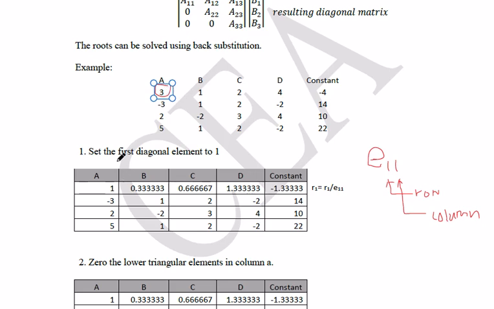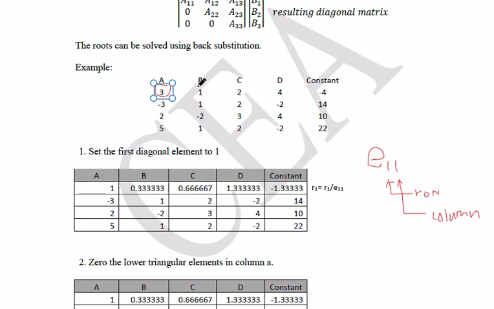So 3 divided by 3 gives us 1. Here, we are now here, because as we said, we will apply this formula to all the elements in the row in order not to alter the equation. So we are now on this second element in the row.